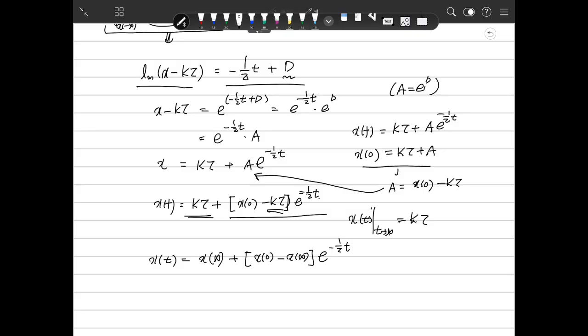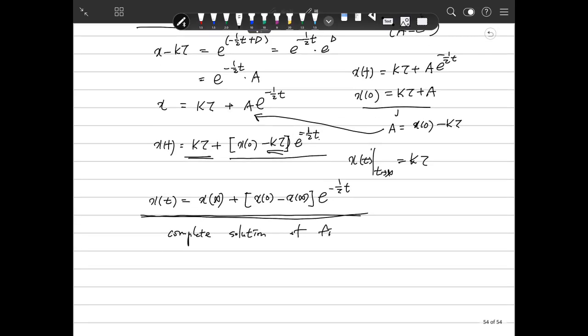So this is the total, complete solution of a first order differential equation.